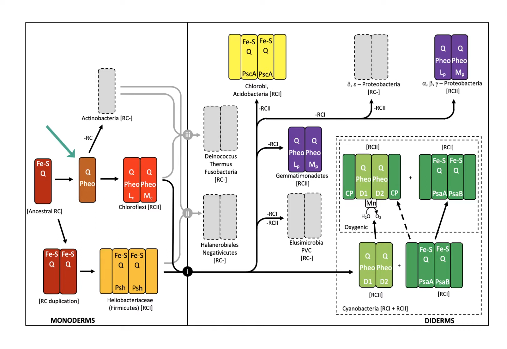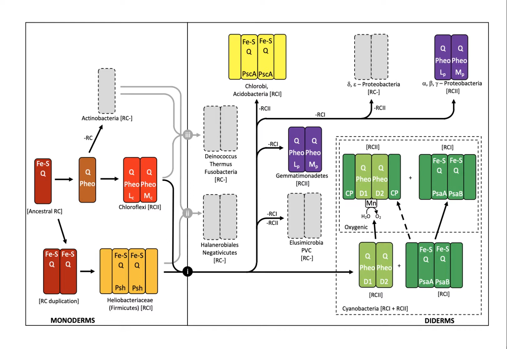Also, you get some mutations occurring, so now there's a pheophytin reaction center without an iron-sulfur group. And that then duplicates and becomes the reaction center 2 that's found in Chloroflexi. And also, you get loss of the reaction center in the Actinobacteria up at the top.